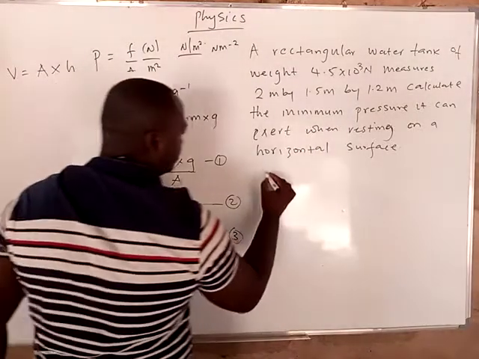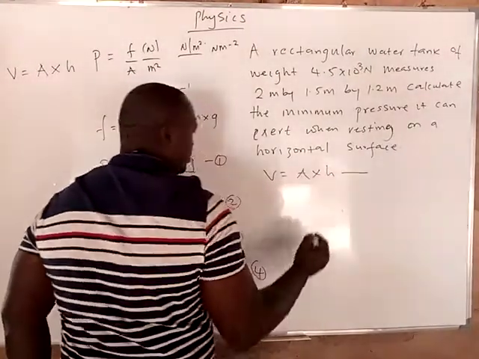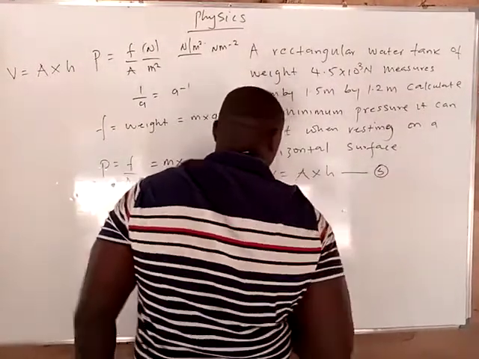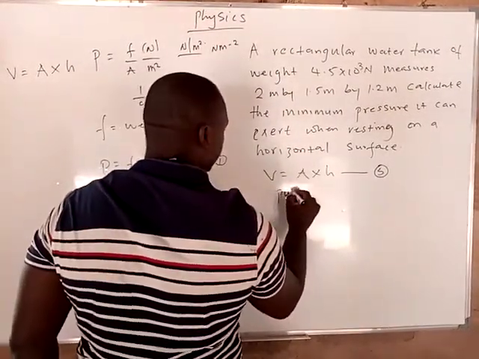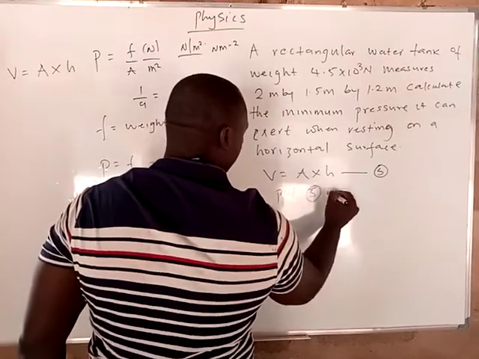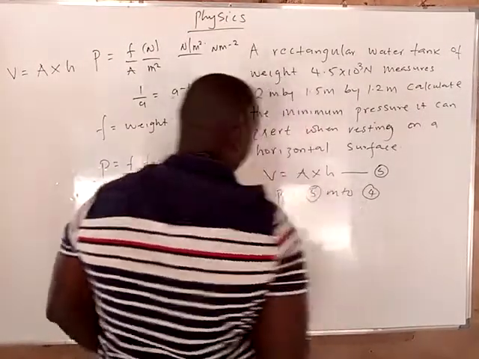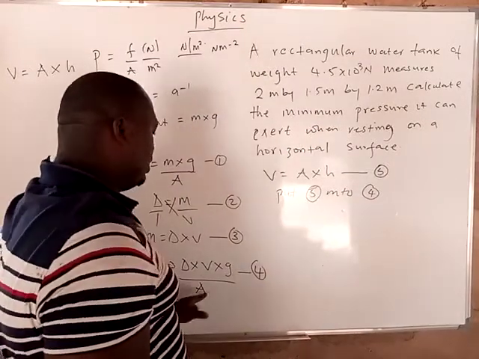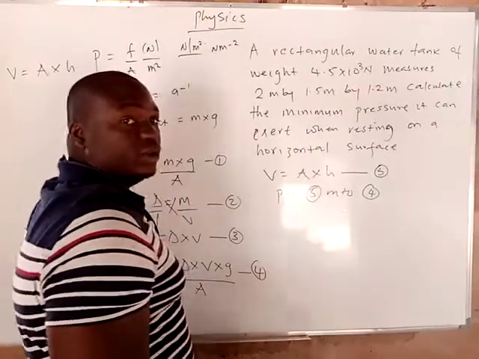Volume is area times height, and I'm going to call it equation 5. Now look at what I want to do. I want to put equation 5 into equation 4. So wherever I see volume in equation 4, I'm going to replace it and put area times height. That's what I want to do.